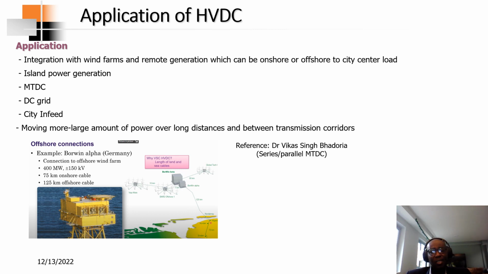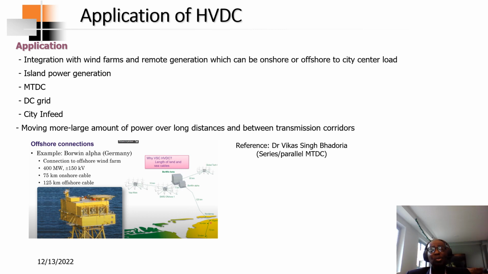Like I made mention that moving large amounts of power over long distances is basically what is utilized in China, where a lot of the hydro power plants are located in the northeast area, and 6,000, 8,000 kilometers of DC transmission lines integrate these generation facilities to the load centers that are located in the south area.